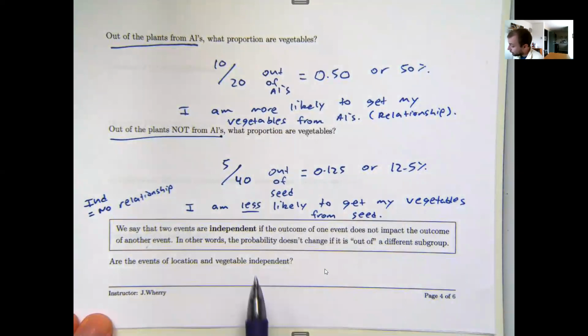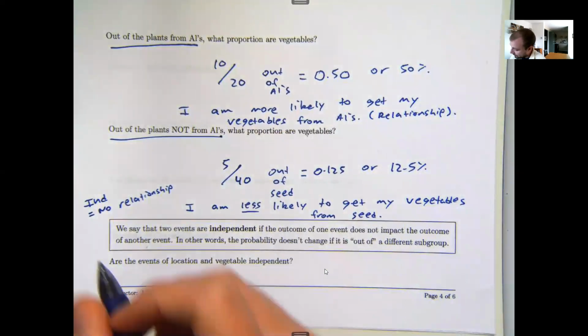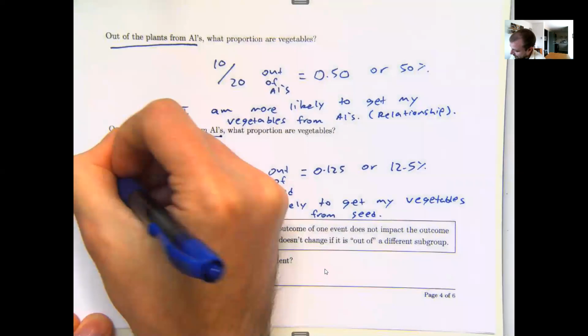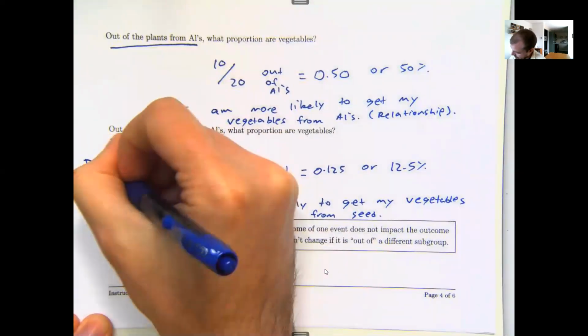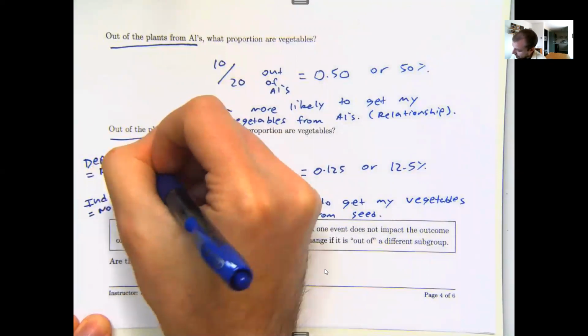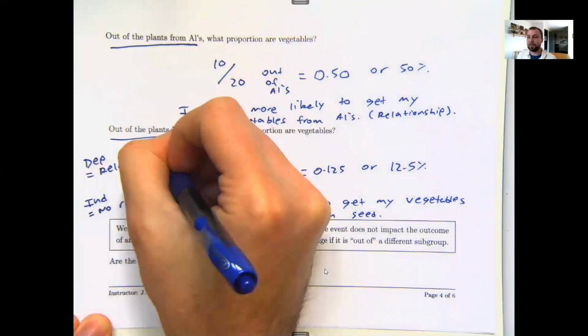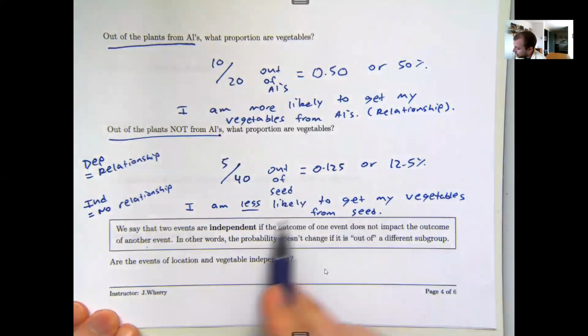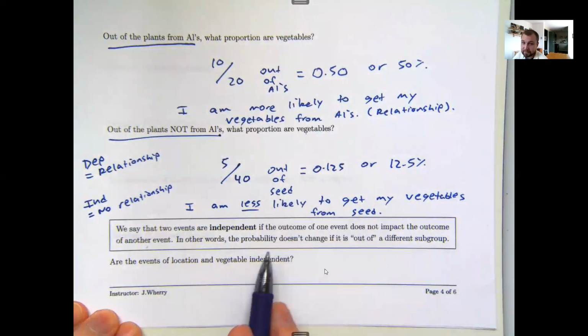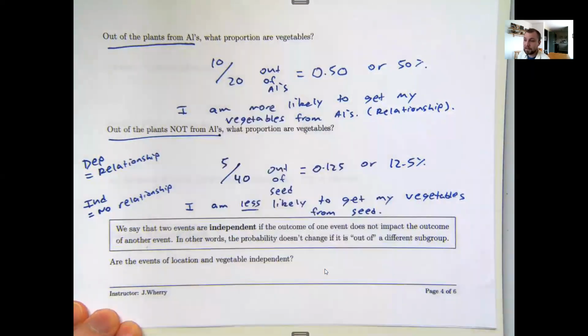If things are related, DEP for dependent, then there's some sort of a relationship between them. They affect each other. So for example, if my probability changes for different subgroups, it is dependent. And if it stays the same, it's independent.